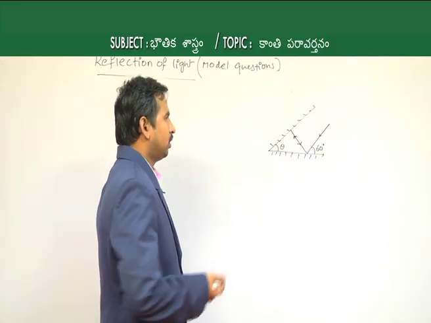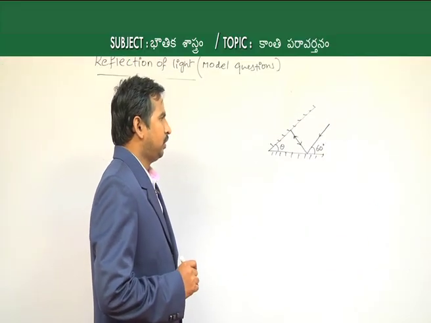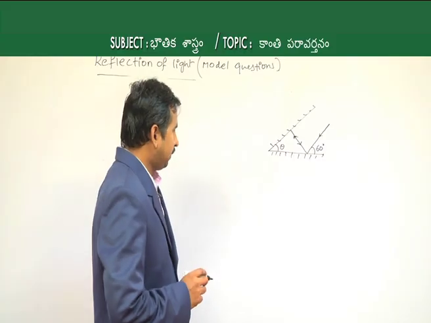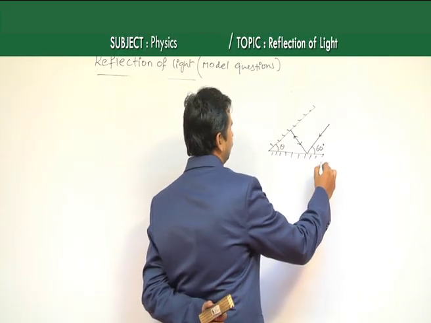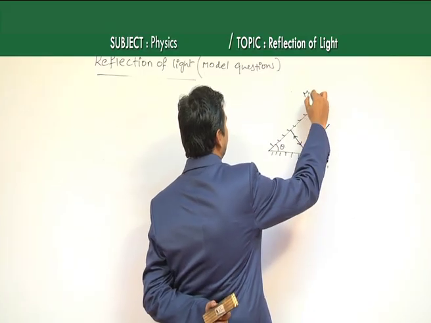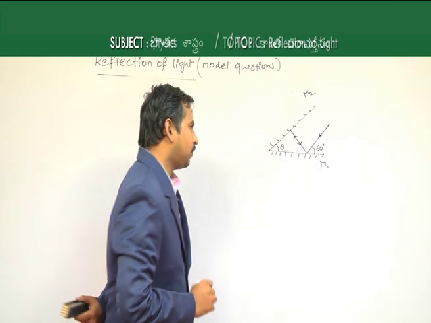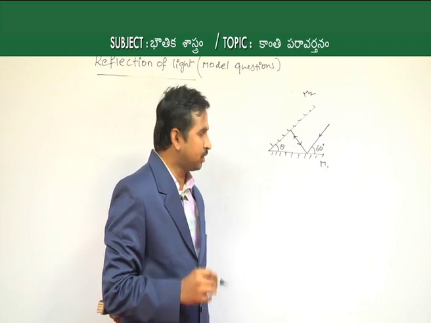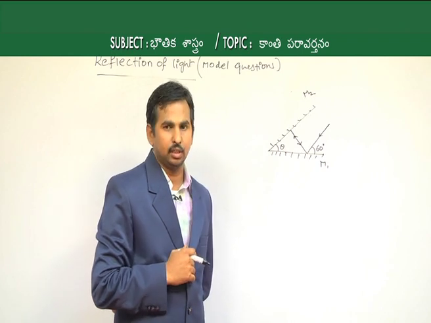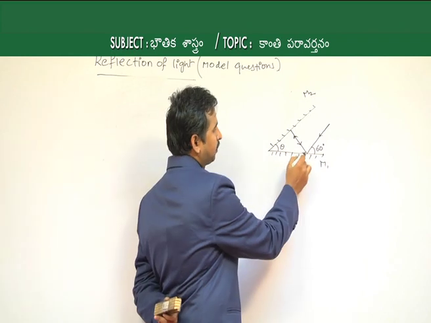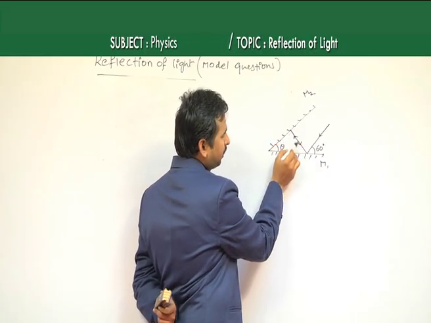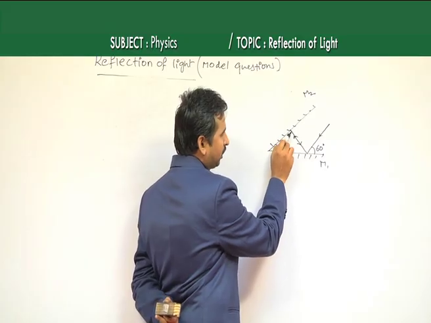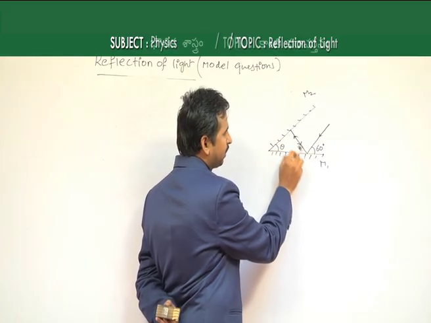We will see one more question based on the relation between the angles. See here, in the given figure we have two plane mirrors this time. This is mirror M1 and this is mirror M2. When a ray of light strikes mirror M1, it reflects onto the second mirror. If you observe, after reflection from the second mirror, the light ray is retraced back along the same path.